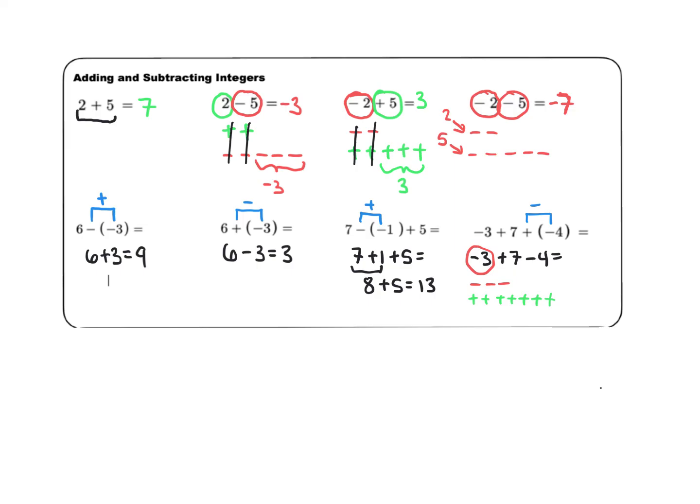And then I have 4 more negatives: 1, 2, 3, 4. And now I have to start to cancel out. Okay, and it looks like I can cancel out these guys too: 1, 2, 3, 4, and when I have nothing left, it just goes to 0.